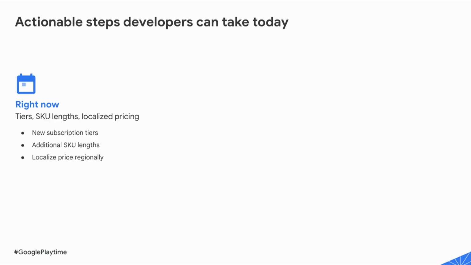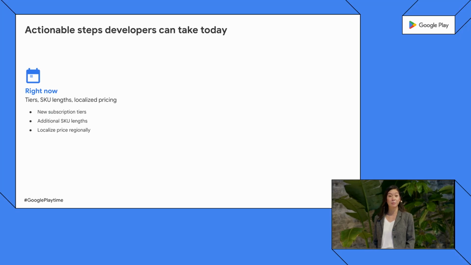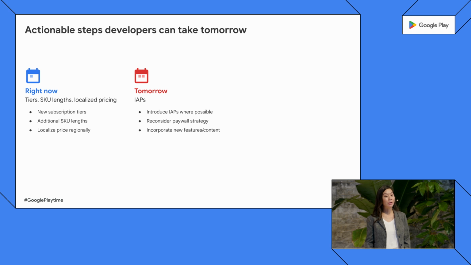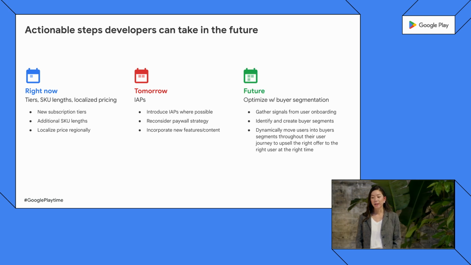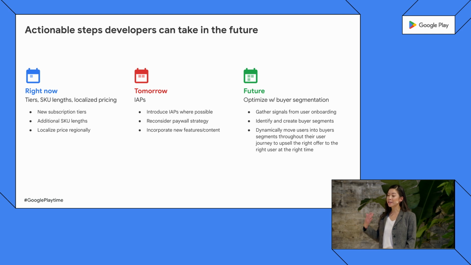So to summarize, take these actionable next steps. Today, if you haven't done so, test new tiers, longer plans, and localized prices regionally. Tomorrow, introduce IAPs where possible. And in the future, understand your buyers.